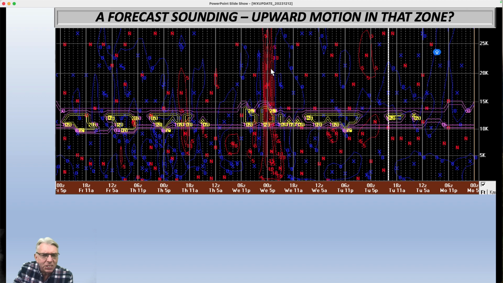And right in here, you see where all these red colors are? This is where we have strong vertical motion, and that intersects that area that is not only in the right temperature range, but also saturated. So if you have the minus 12 to minus 18 degrees C range, and it's saturated, and you also are getting upward motion, then you've got all those three things coming together right in here, and you would expect there to be heavy snowfall at that particular time.